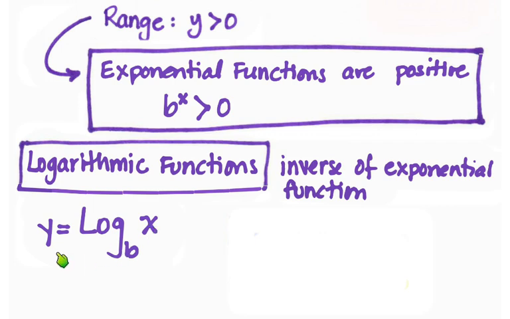And what is the output for logarithmic is the input or the exponent for exponential. When I see log base 2 of 8 equals 3, I'm saying the base is 2, the exponent is 3, and 8 is the value. So 2 to the third is equal to 8.